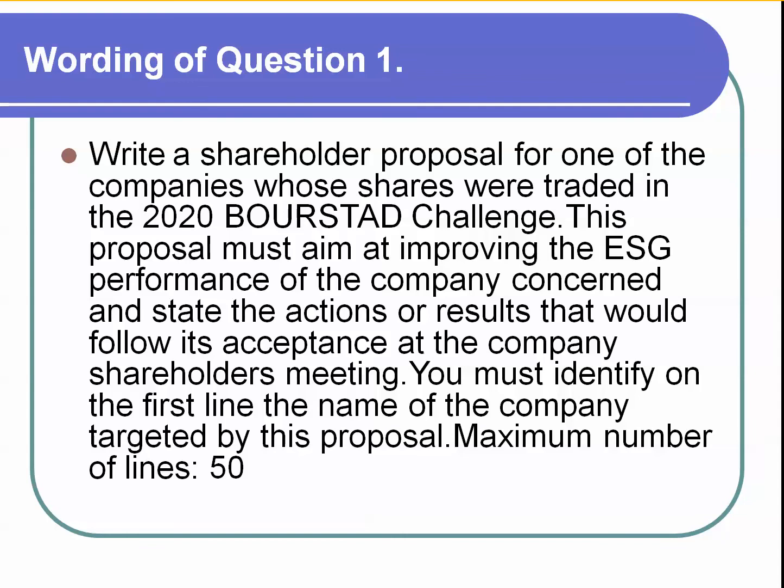The wording of question 1: write a shareholder proposal for one of the companies whose shares were traded in the 2020 Bourstad Challenge. This proposal must aim at improving the ESG performance of the company concerned and state the actions or results that will follow its acceptance at the company shareholders meeting.